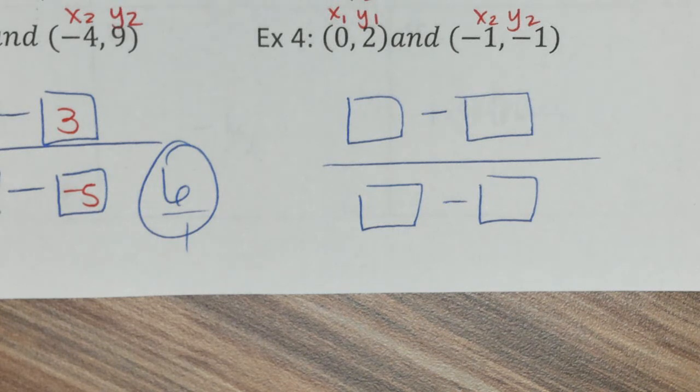No, these are all ones. X1, Y1, X2, Y2. Why did you drop the number yet? Go label. X and Y. And they're both ones. Yep. And then X2, Y2.